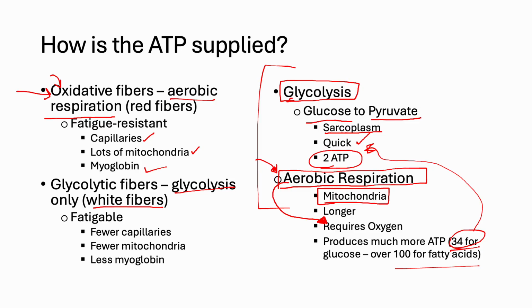These are fatigable because we have a store of glucose and we only get 2 ATPs. So even though it's generated quickly, we may run out of the glucose it takes to produce ATP, so we may not be able to generate ATP fast enough. These are what we call fatigable.